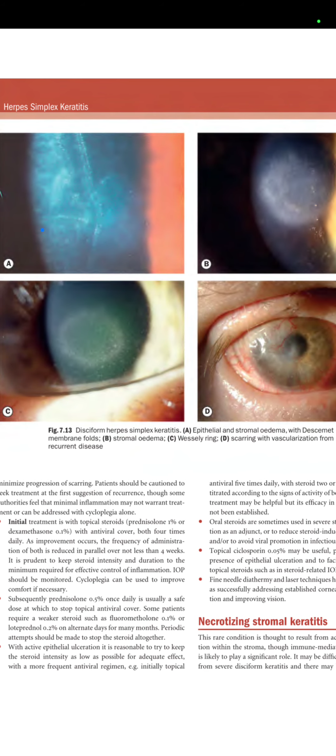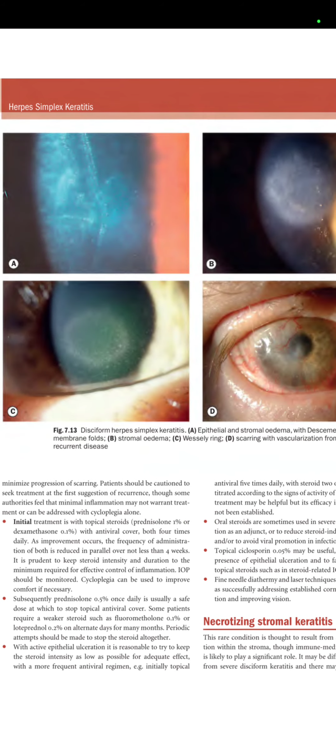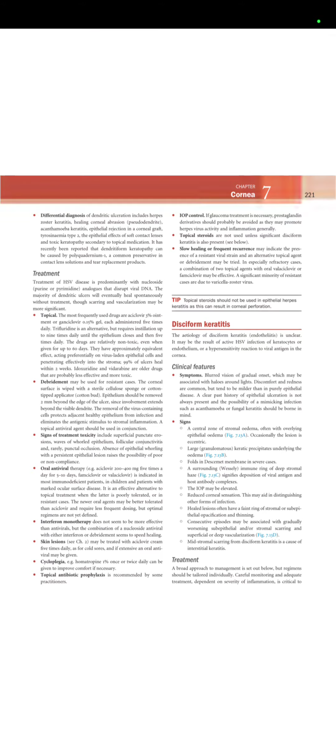So what can we figure out? That there is a Descemet membrane fold and there is edema here, stromal edema. B is also showing some stromal edema. C is showing the Wessely ring, and D is scarring with vascularization from the recurrent disease.